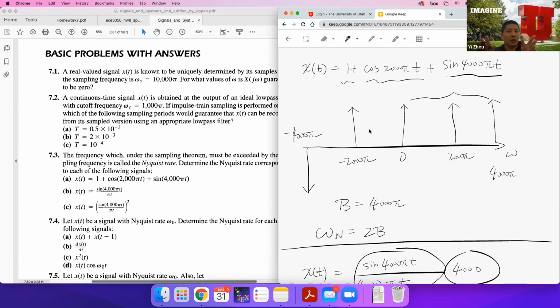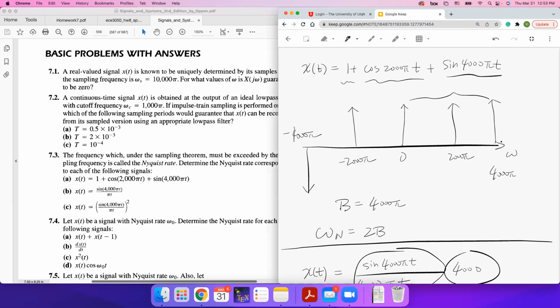However, the bandwidth still follows the same rule. The resulting bandwidth after convolution equals the sum of the bandwidths of the two signals before convolution. Okay, that makes sense. Thank you.